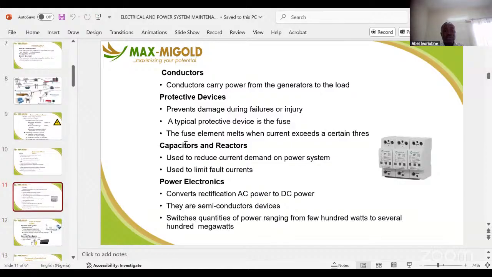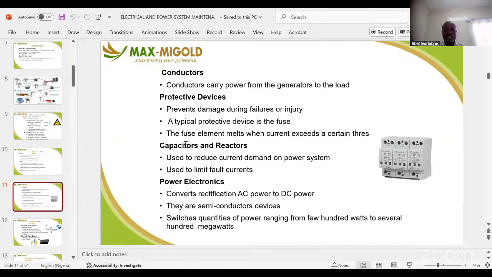We have conductors. Conductors are wires or cables that take electricity from where it is generated to where it is needed. We have protective devices like the fuse and the circuit breaker. They prevent damage during failure or injuries. A typical protective device is the fuse, but fuse is no longer in use in modern day facilities.